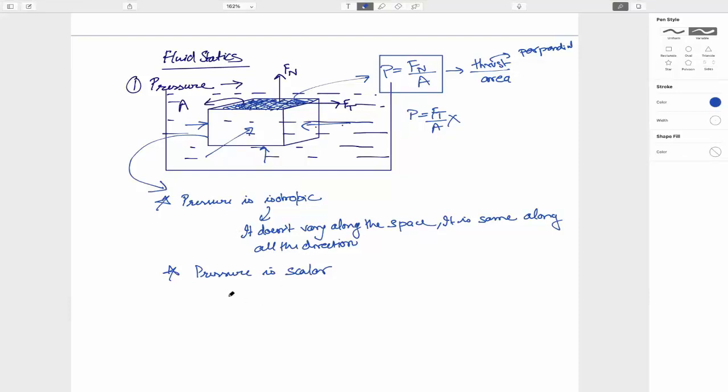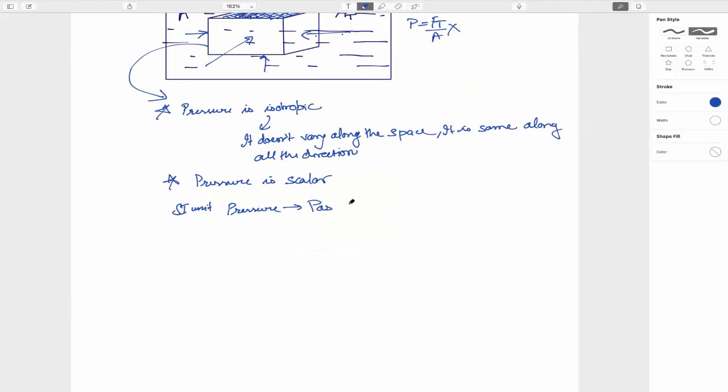The SI unit of pressure is Pascal, or Newton per meter square.